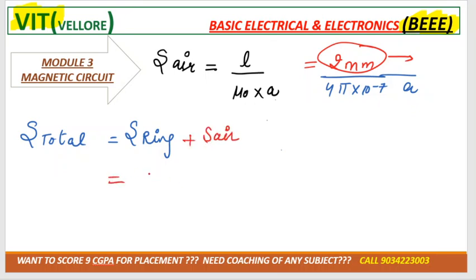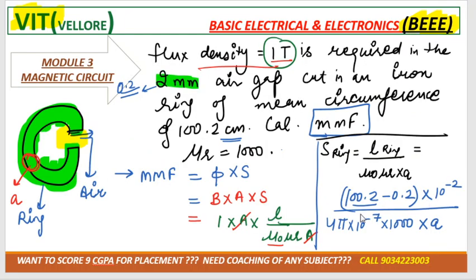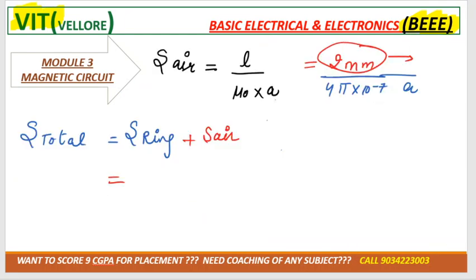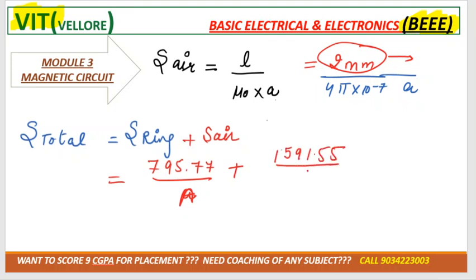S ring, after solving this term completely, we get 795.77 divided by A for area. S air, after solving, we get 1591.55 divided by A. So after adding, we get 2387.32 divided by A. Okay, clear?